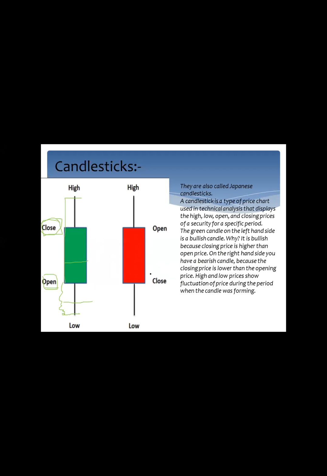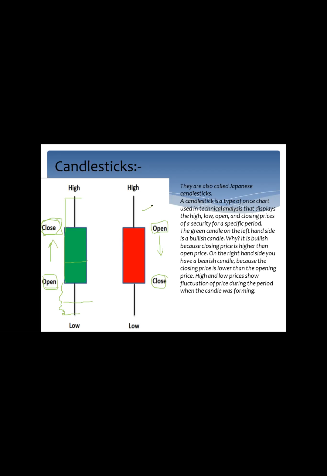When a candle's closing price is lower than its opening price, then it is called a bearish candle and it is denoted by color red, while a bullish candle is denoted by color green.